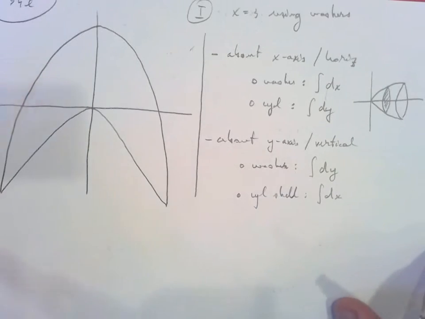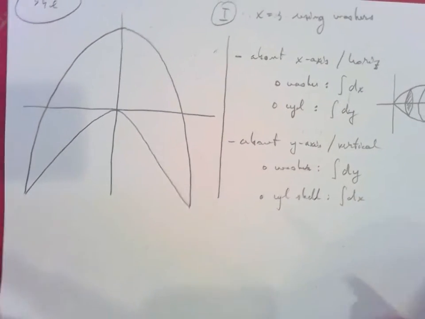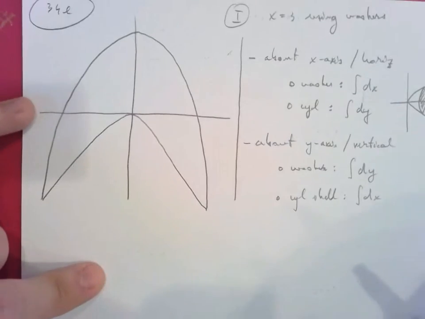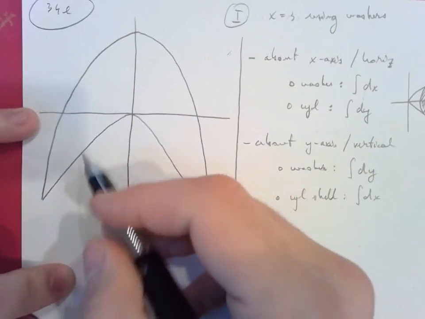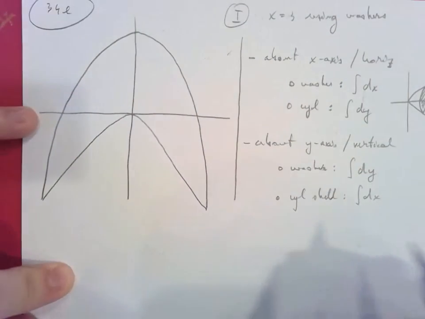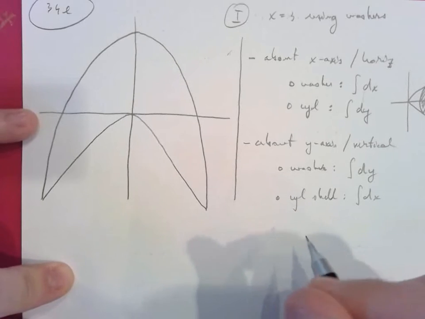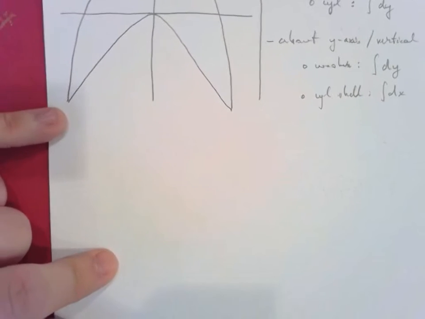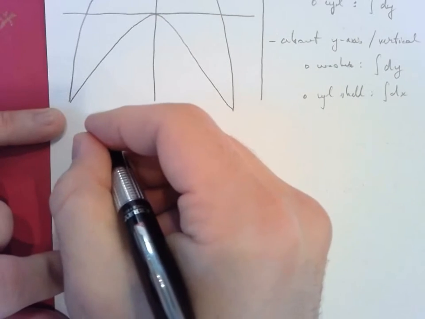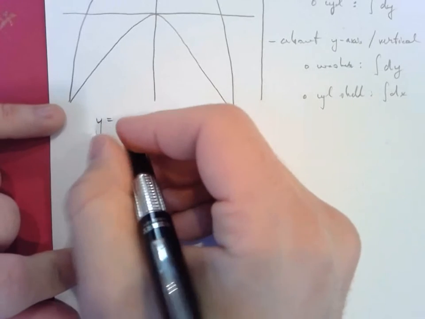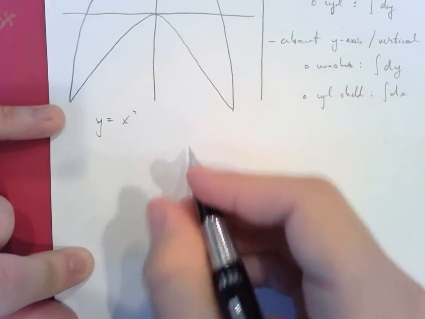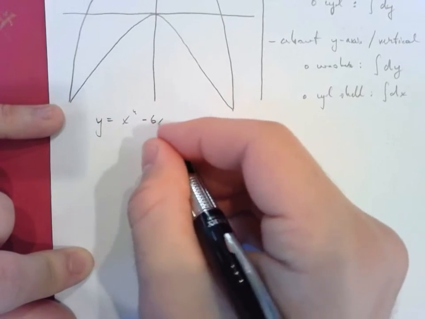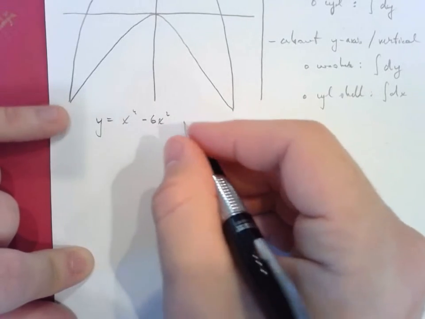So I have to give an integral with respect to y, which means the first thing that I need to do here in this problem is solve for all of these curves and write them as functions of y rather than what they're given, which is functions of x. So for the first curve, the fourth degree polynomial, I'm looking at y equals x to the fourth minus 6x squared, and what I'm going to do now is complete the square.